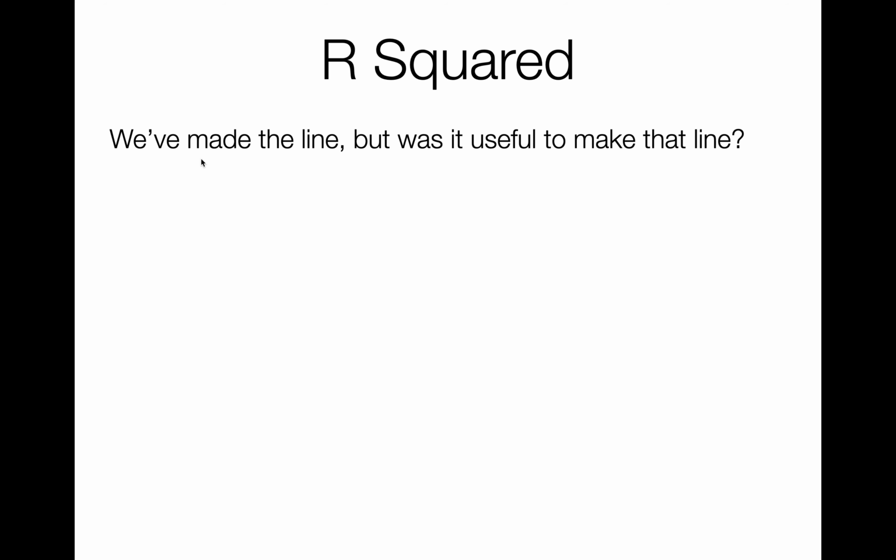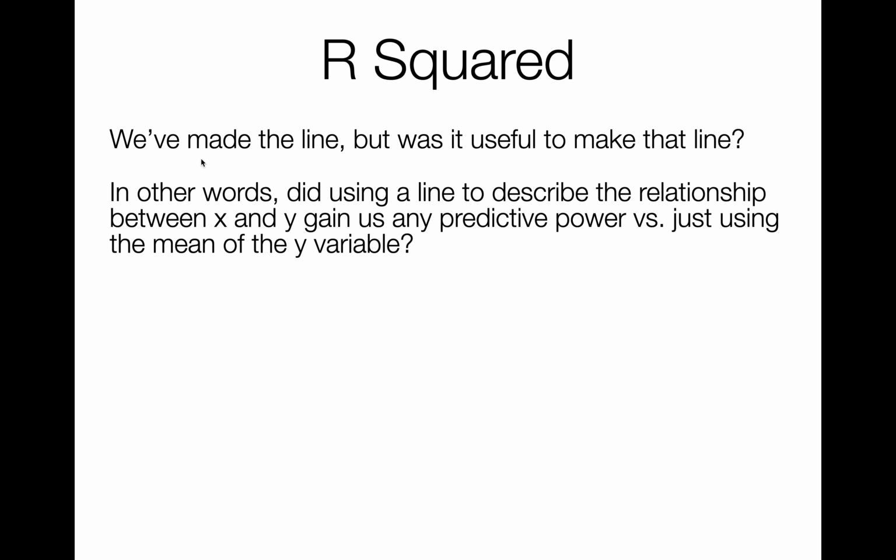Was it worth it? Was it worth all the time and effort to make that line? Okay. And so to do that, we can actually quantify that with a single number. And that number is called r squared.